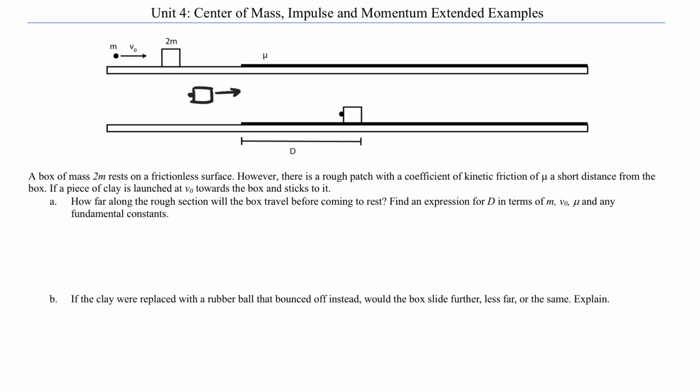So we need to find a way to attack this problem. And in this case, I think you have some varieties to your answer. The box is going to slow down due to friction. That should bring to mind Newton's laws, because friction is a force, and whenever we're dealing with forces, we know that Newton's laws can tell us things about it. But Newton's laws can only tell us an acceleration or the size of a force.